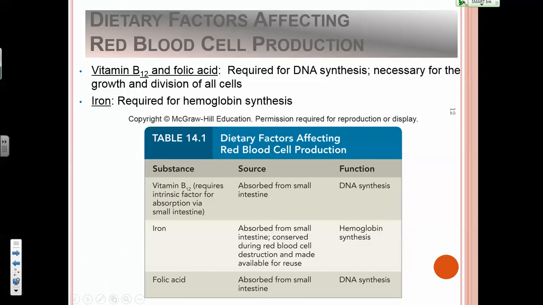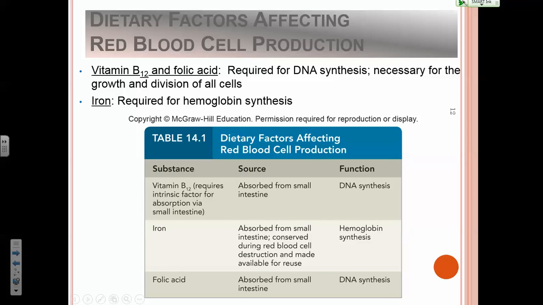Okay. All right. There are some things you need in your diet that affect red blood cell formation. Two of those are vitamins B12 and folic acid. Those are some of your B complex vitamins. They're necessary in all cells whenever they're dividing, because you have to have DNA replication when cells divide, right?